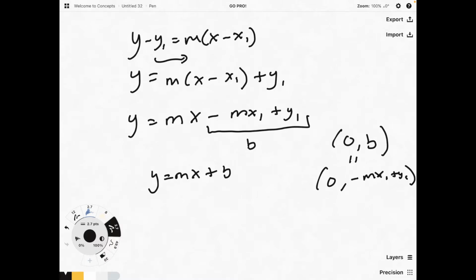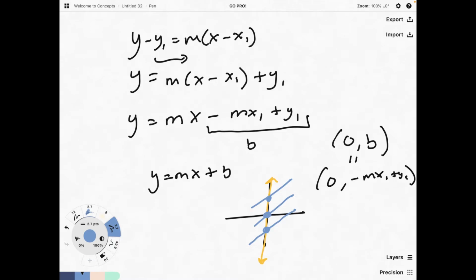If we plug in the point (0, b), we will see that the line with slope m will pass through the point (0, b), the intersection with the y-axis. Looking on a graph, (0, b) is somewhere on this y-axis. That could be here, here, or here. It just says that at this point, we are crossing the y-axis.